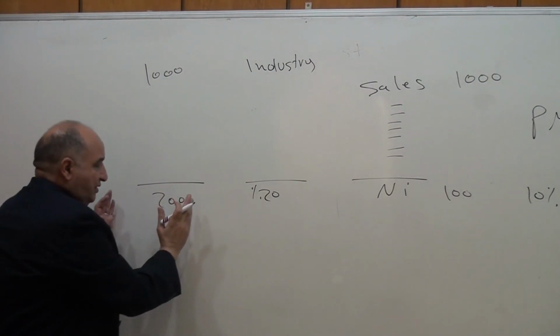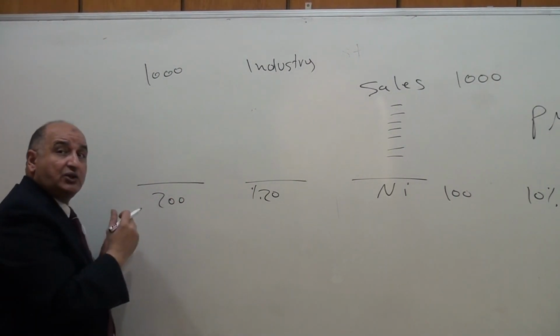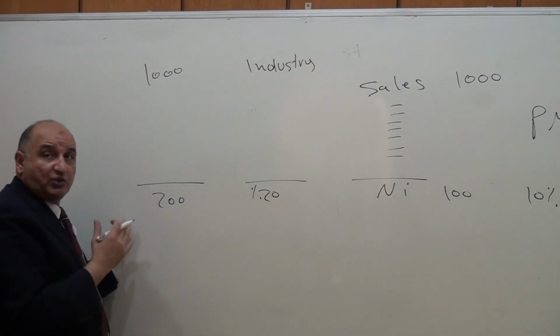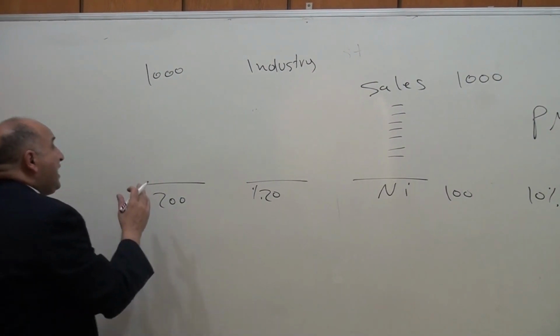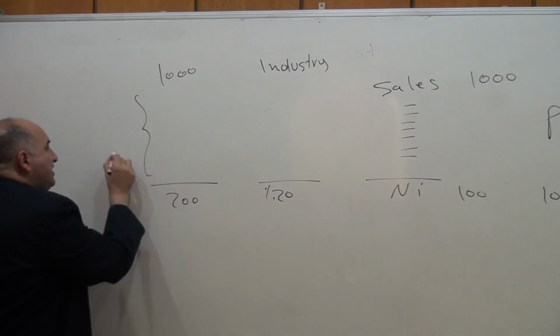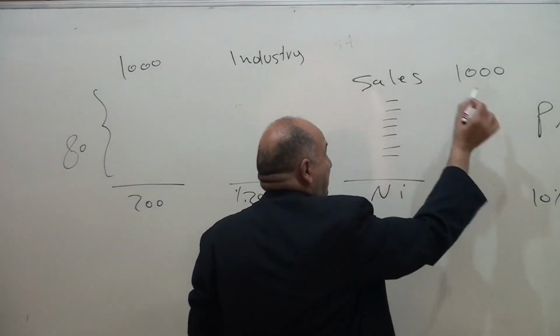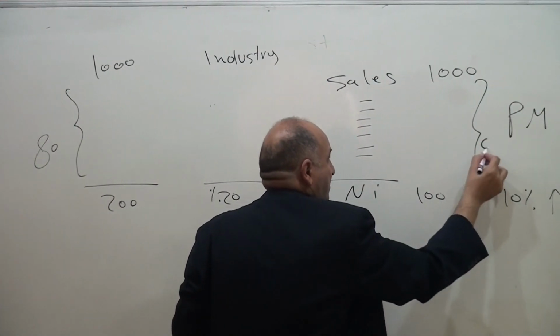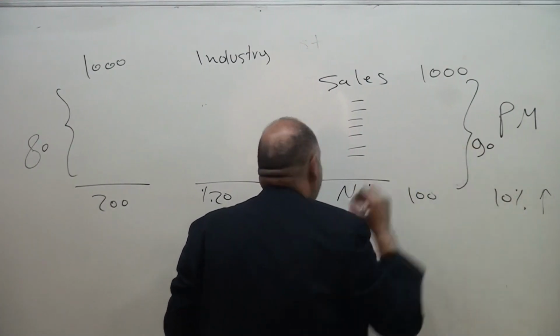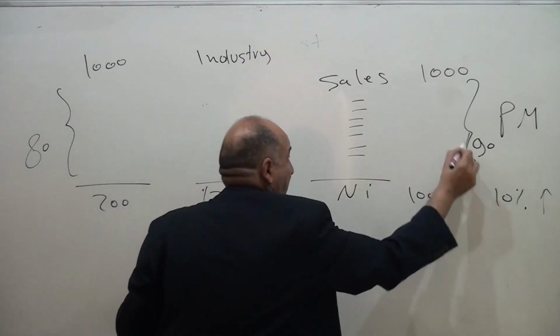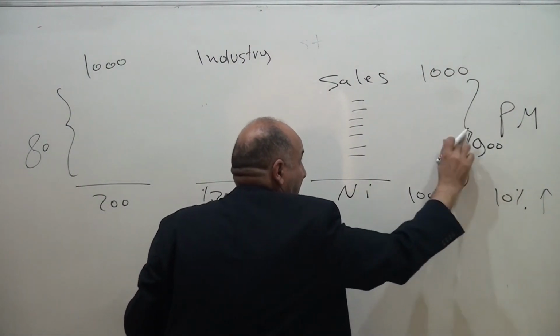If this competitor needs to push me out of the market, what can he do? This means that his cost equals 80%, or 800, but in my company, my cost equals 90%, or 900.